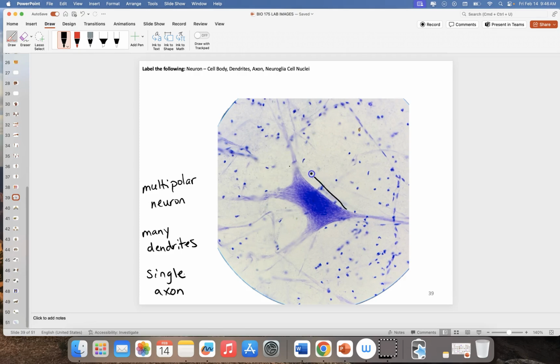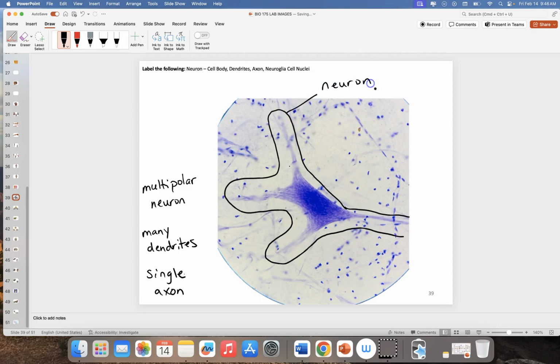I am going to circle or outline the neuron here. So this main structure here in the middle, this entire structure is going to be our neuron. And now we can look at the different parts of the neuron.